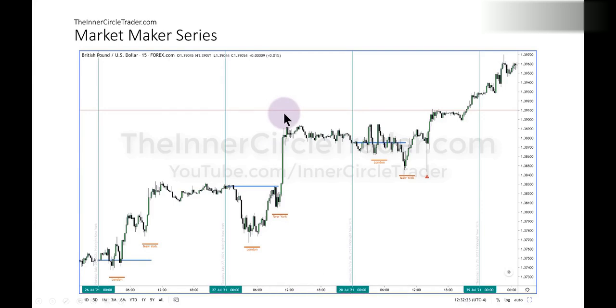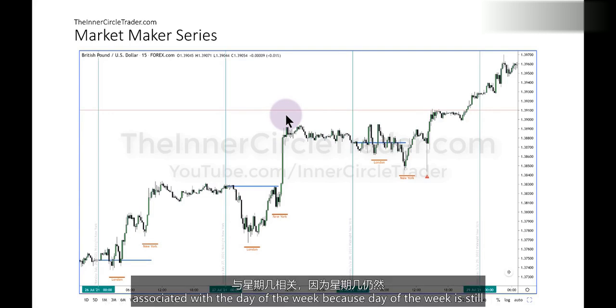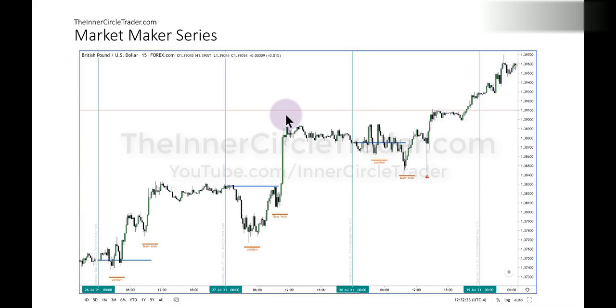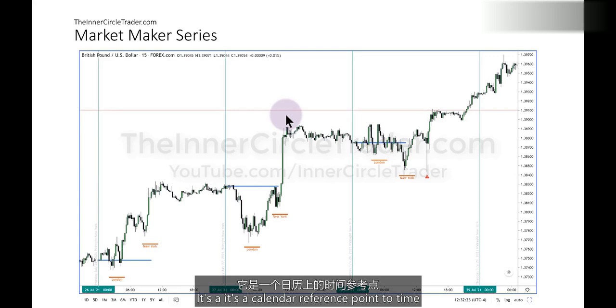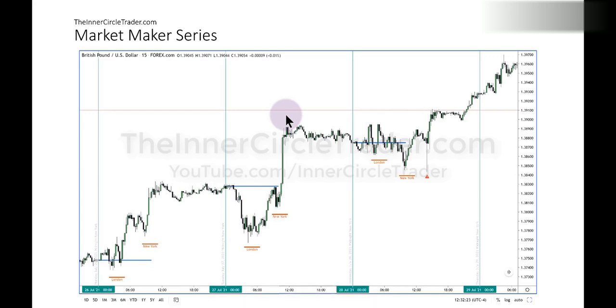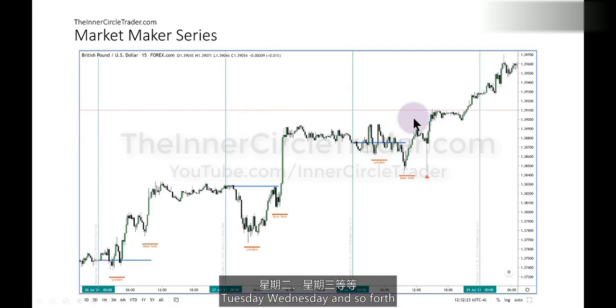So we're seeing this element of time, which is also associated with the day of the week, because day of the week is still an element of time. It's a calendar reference point to time. It's a block of time that we call Monday, Tuesday, Wednesday, and so forth.